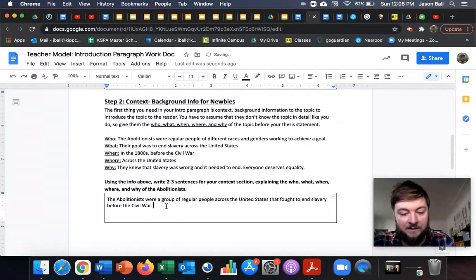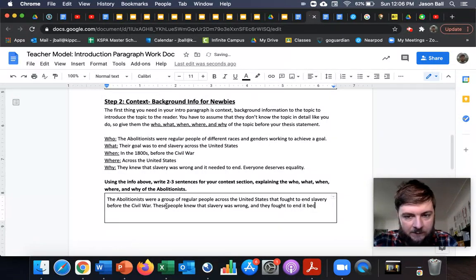So I would say these people knew that slavery was wrong, and they fought to end it because of the massive inequality and suffering it created. All right, there we go.